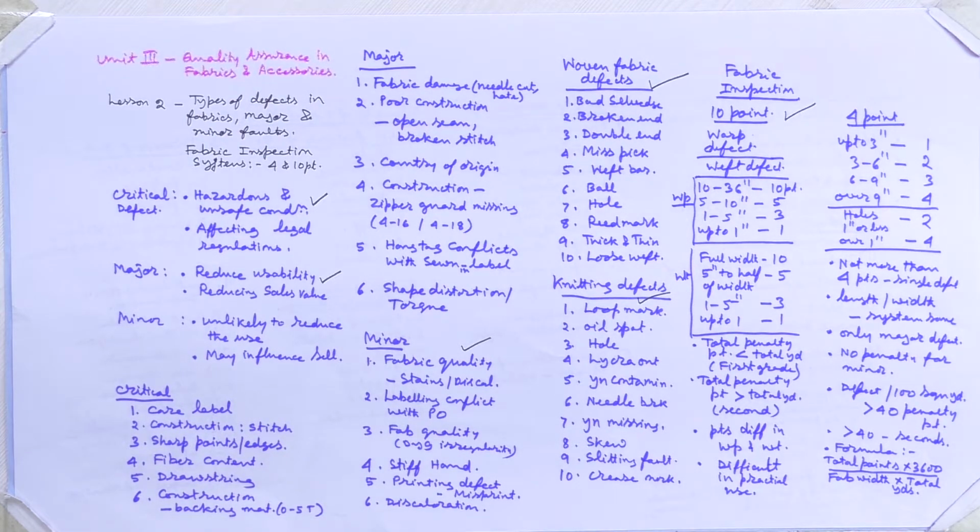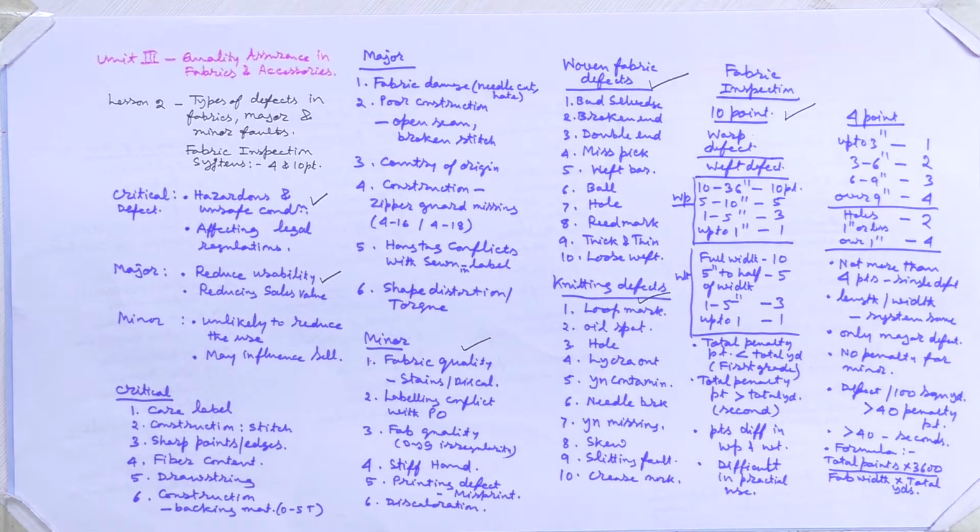The basic purpose of inspection is to give quality fabric to the next department, so that the faults are specified and penalty points are given to the fabric, and a decision is given to the next department whether the fabric roll is rejected or accepted, based on the different criteria in the different systems. Based on that, the decision is taken. So we will see first the 10-point system in fabric inspection.